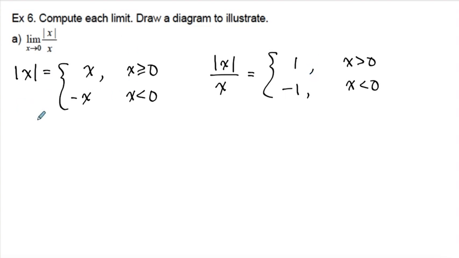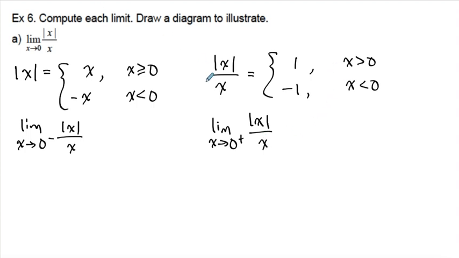So now we're going to take a look at the limit as x approaches 0 from the left side of the absolute value of x over x, and the limit as x approaches 0 from the right side of the absolute value of x over x. I've already worked out this piecewise function, so if x is approaching 0 from the left-hand side, then we're looking at values that are less than 0, and the limit is going to be negative 1.